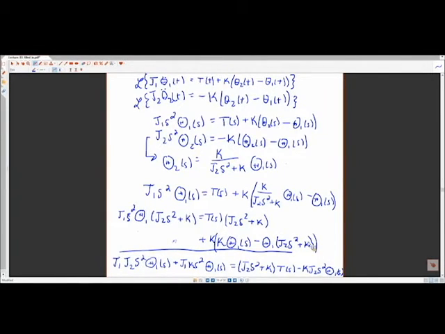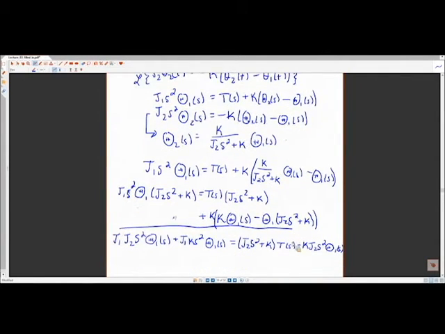So this is just doing some algebra to get down to some simpler forms of our equations.